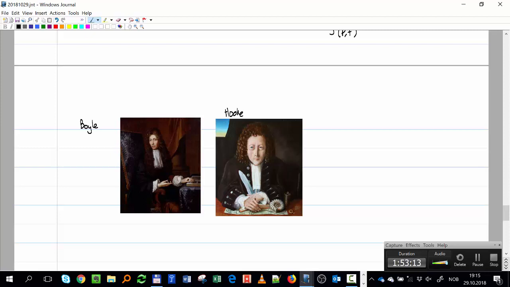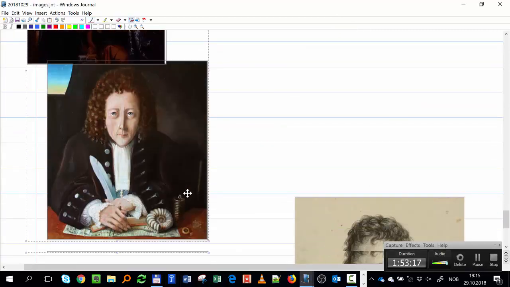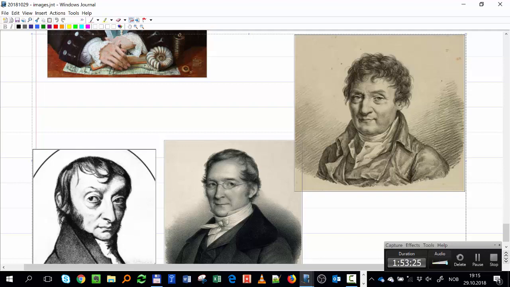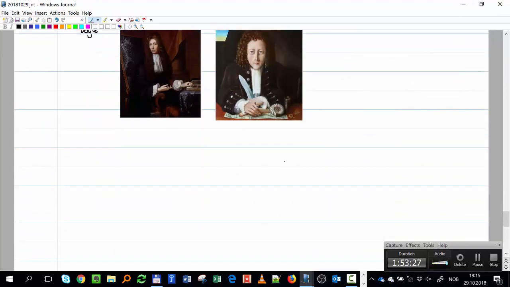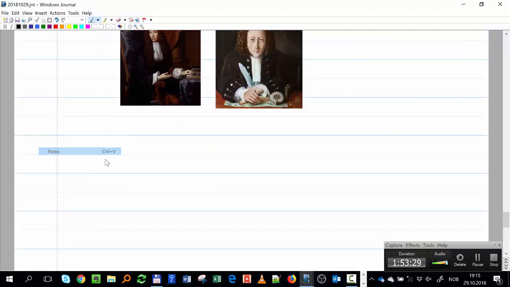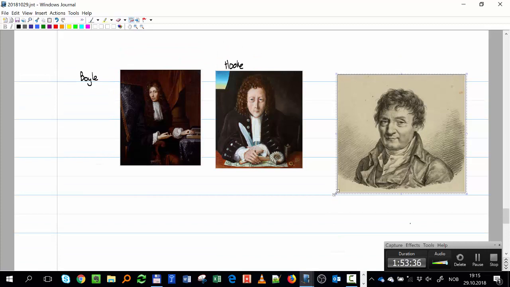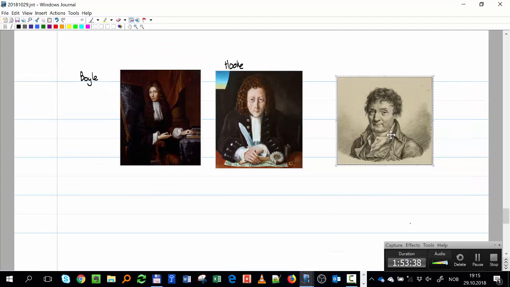And Hooke was the one doing the hard work, making the measurements. Then who is that guy? No idea, right? These are a bunch of French guys. I think that's Charles. You remember Charles sounding in the back of your mind. He found that volume was related with pressure. Charles.